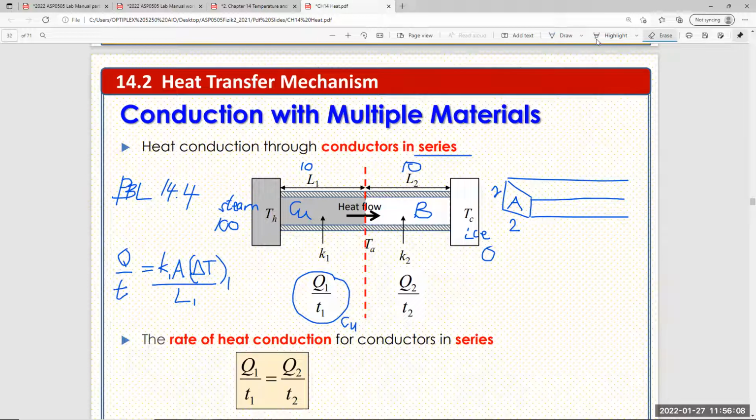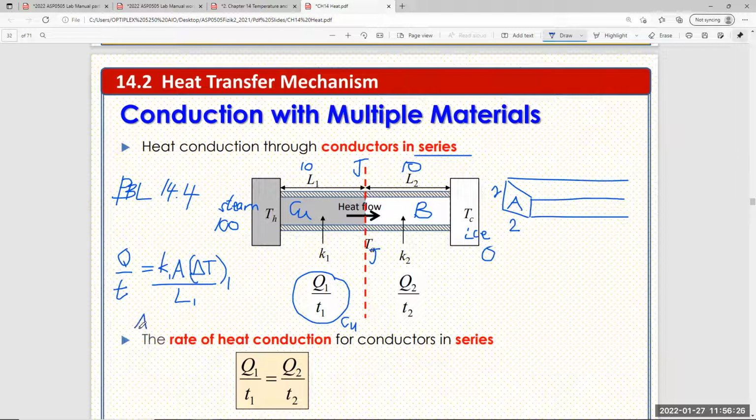Usually we call it the join point, so I call it TJ. So delta T1 is where we have a junction here, J.